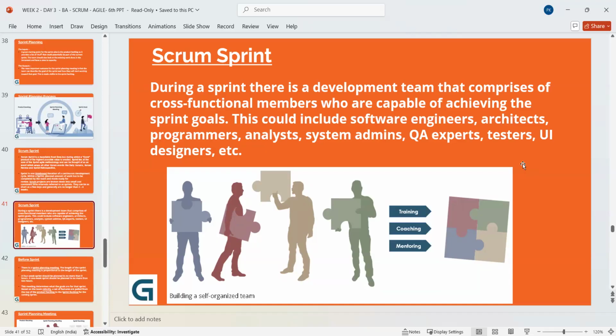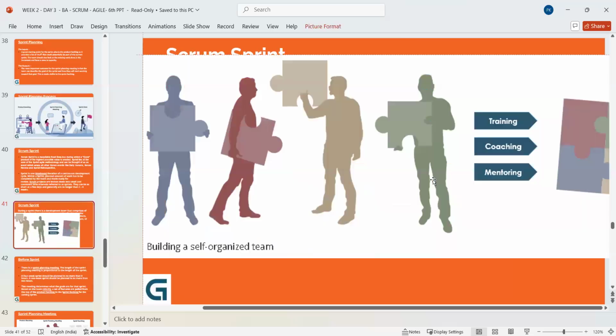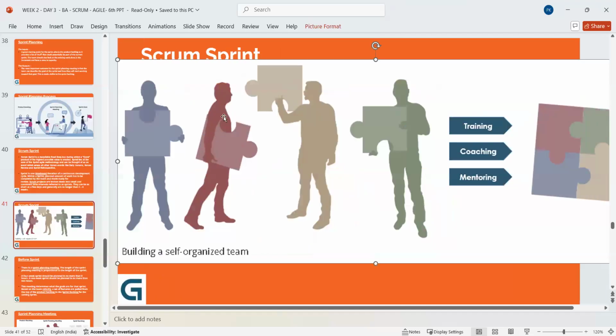That is why, if you could see, I'm not sure how this image is visible to you, but all the team members are in different colors. This is gray, this is greenish, this is reddish, purplish, this is light blue. So all of them come together and fit exactly like parts of a puzzle, right?